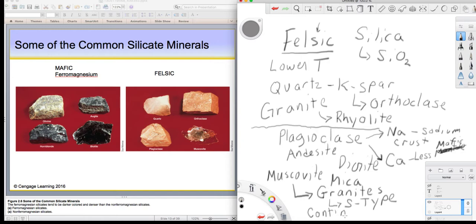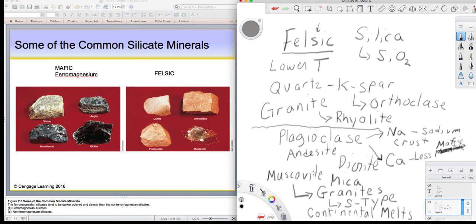These may have been pre-existing continental rocks that were melted and then made into these. So they have old chemical signatures and are not really coming from the mantle. Granites that come from the mantle, sometimes we call those I-type granites, but let's not worry about that right now.